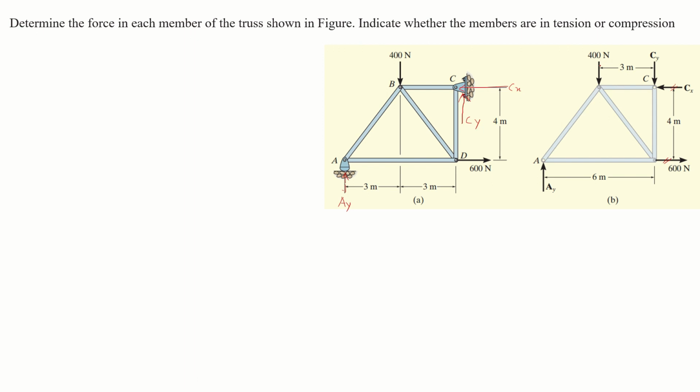But to counter this downward effect, a force is acting on the upside. So AY will counter the 400 Newton force, and the direction of CY is not clear till now.